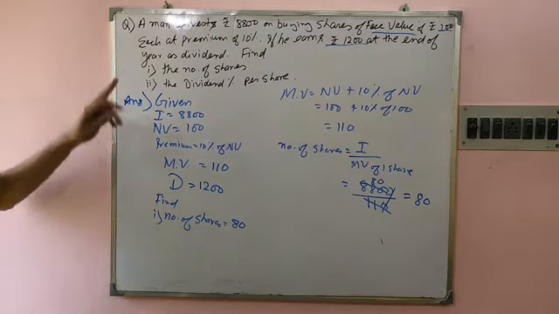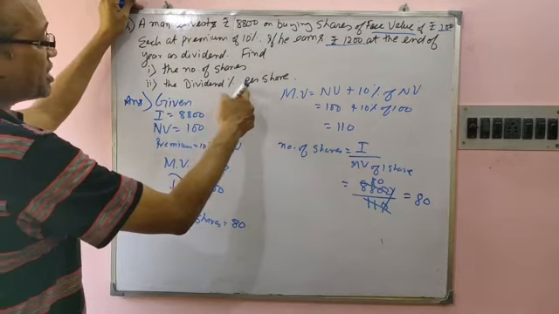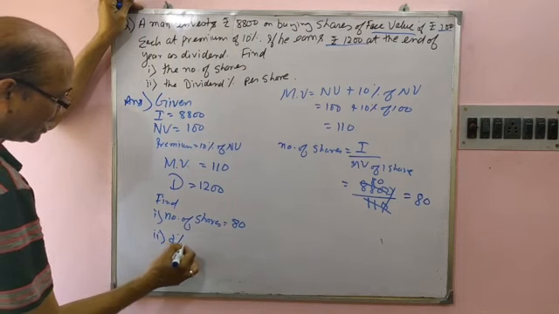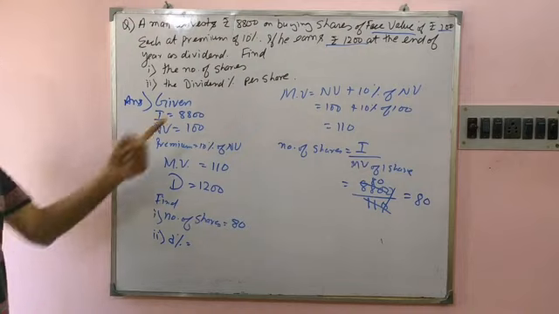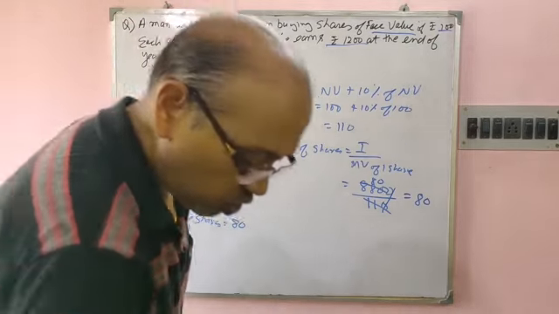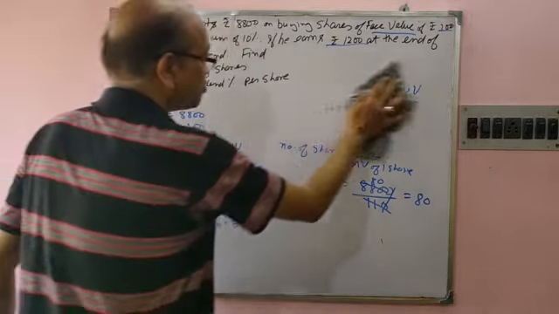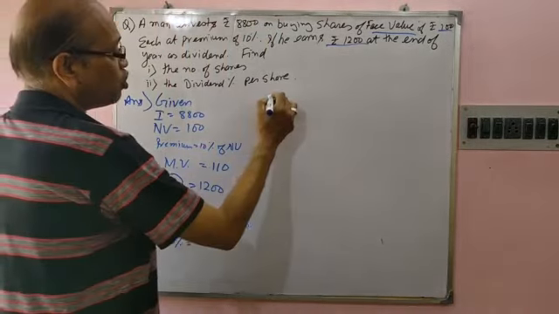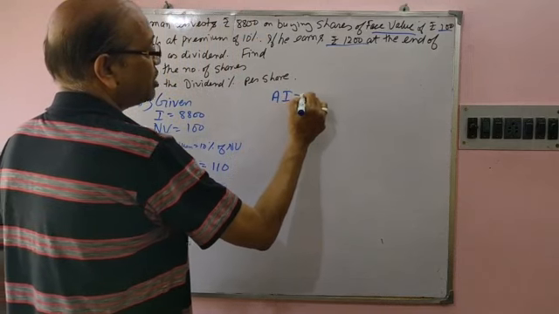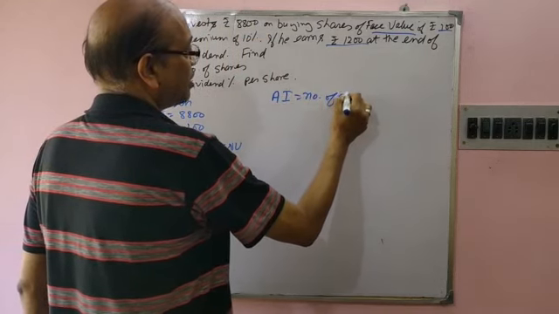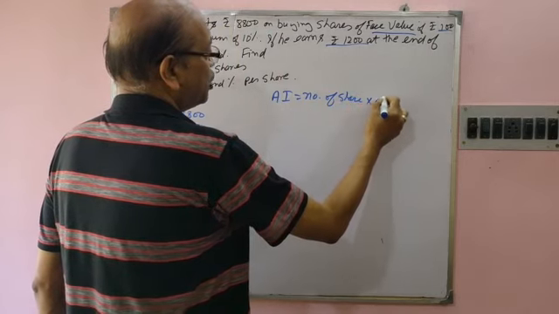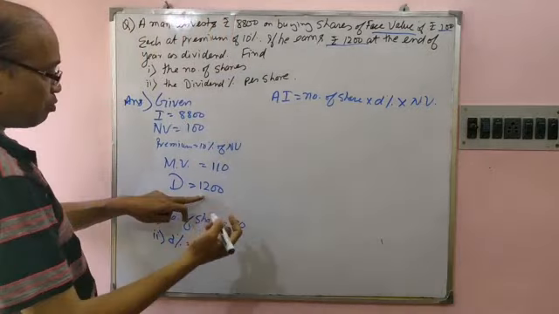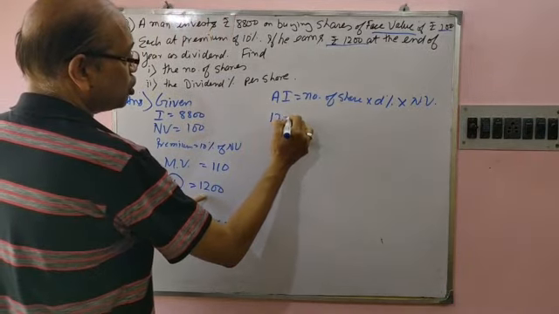Clear? Then what do we have to find? The dividend percent per share. That means we have to find D percent. We know annual income is number of shares into D percent into nominal value. Now annual income was 1200.